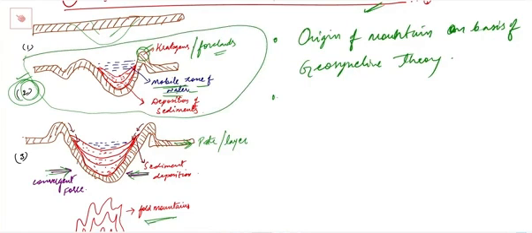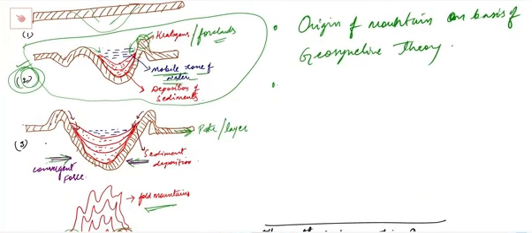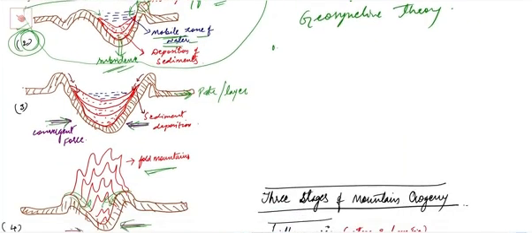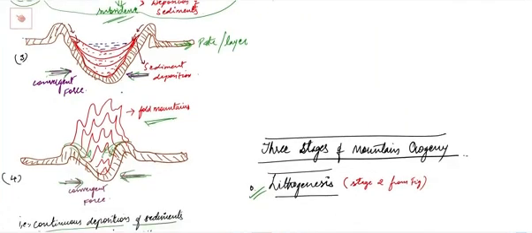Here there is deposition of sediments from the cratogens or forelands, and there is a mobile zone above the deposition. This is what lithogenesis is, and subsidence is taking place.